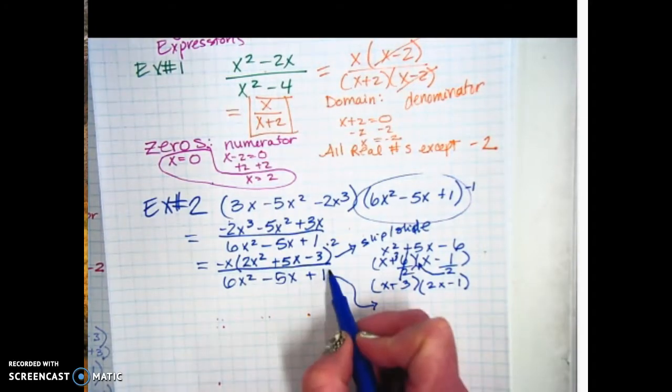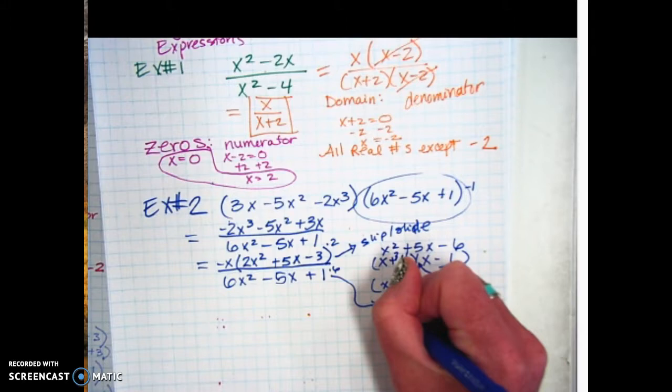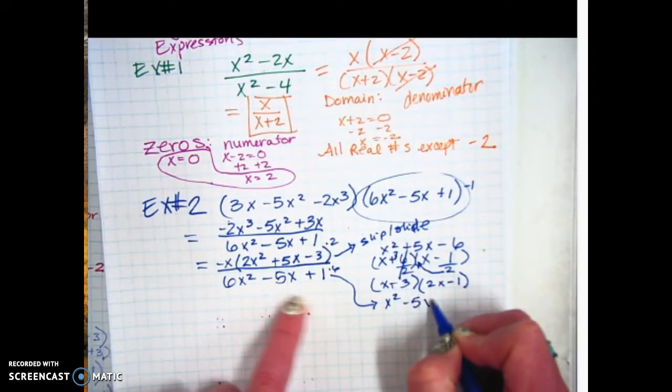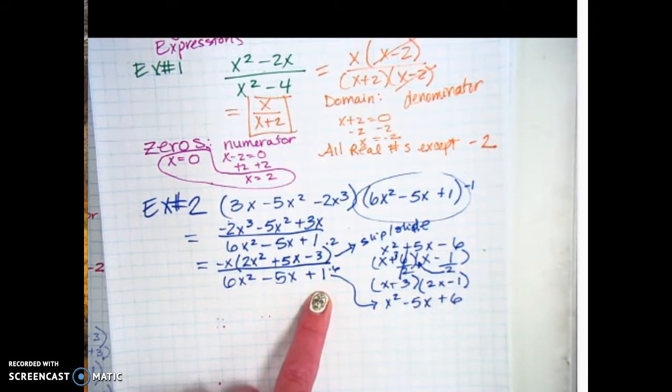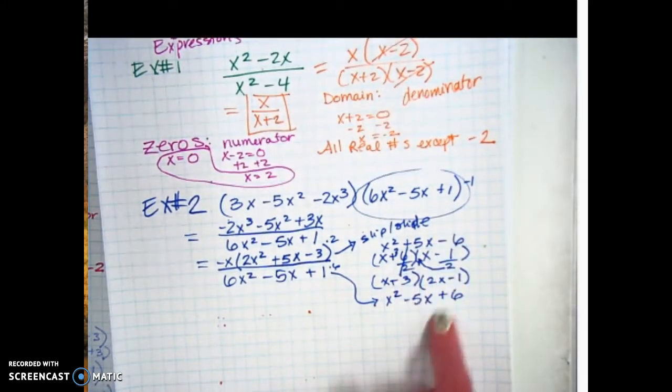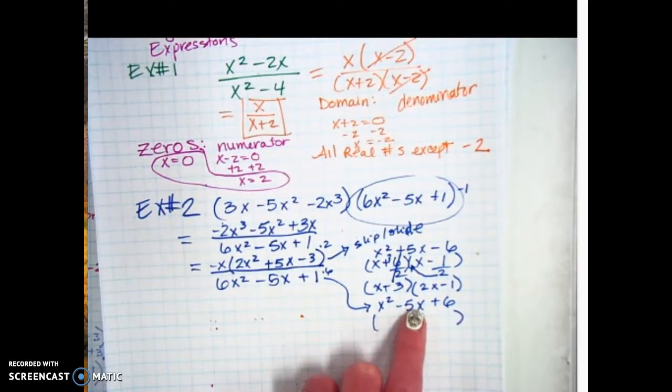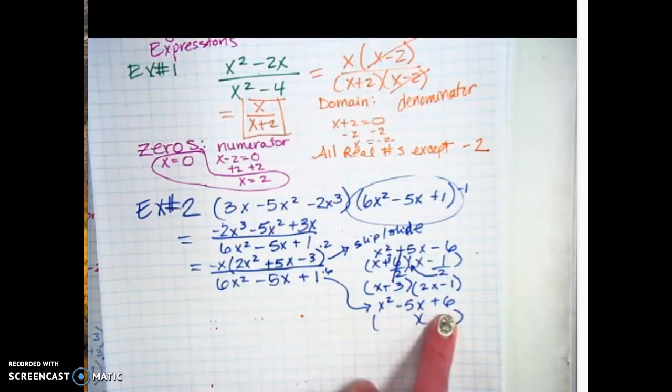Okay, so this one we have to multiply by 6. So that's going to become x squared minus 5x plus 6. Almost the same trinomial we had up here, but notice the signs are different. So when we go to factor, what two numbers will multiply to get positive 6, but add or subtract to get negative 5?